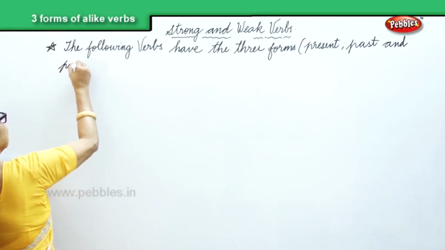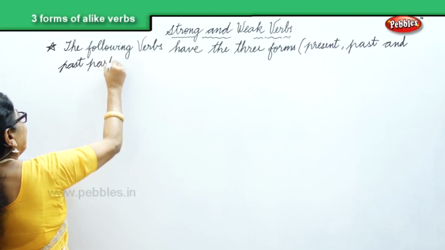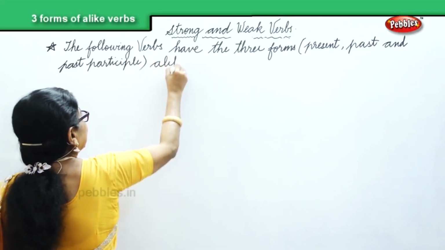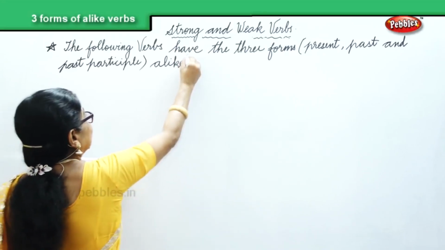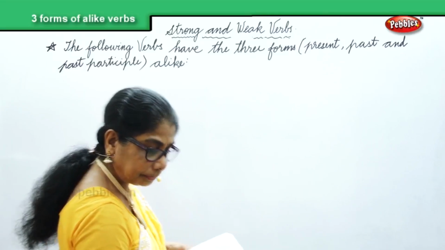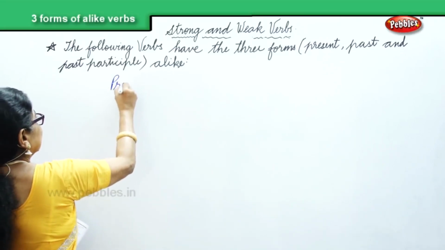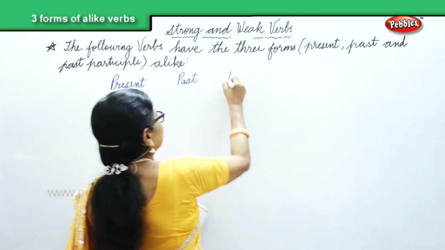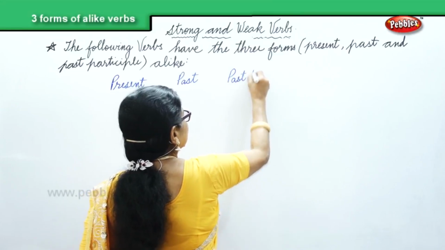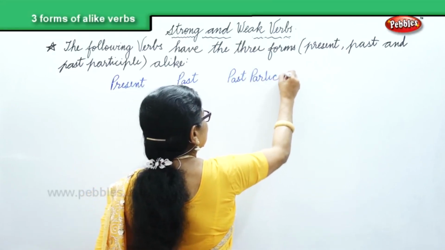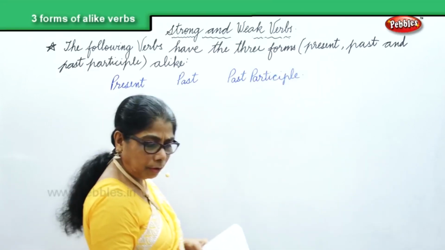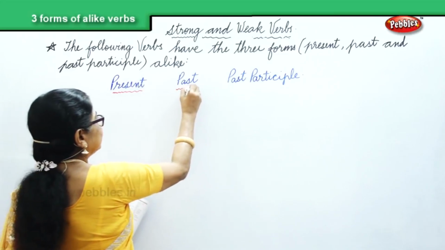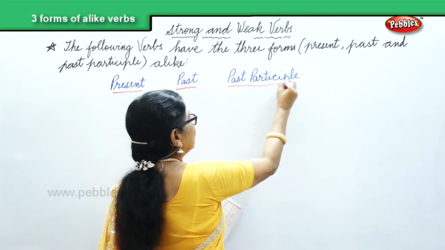And that's what we are looking at. So we have the present, past, and past participle, the three forms of verbs.